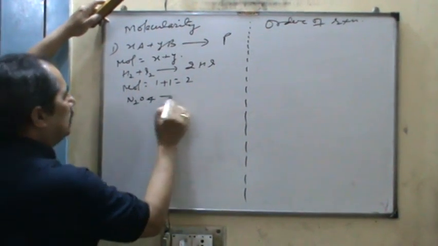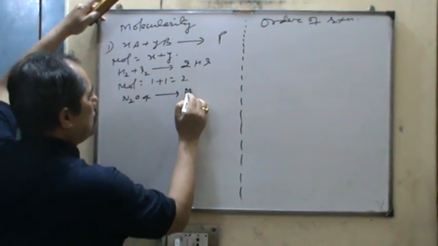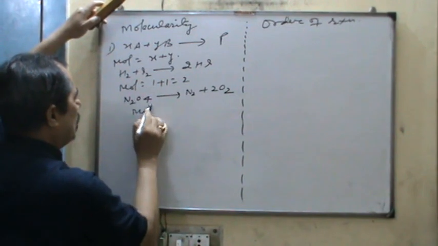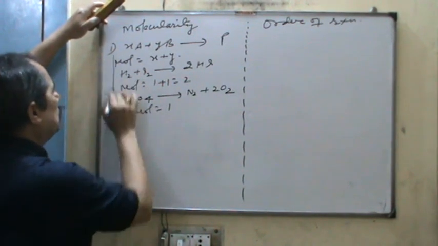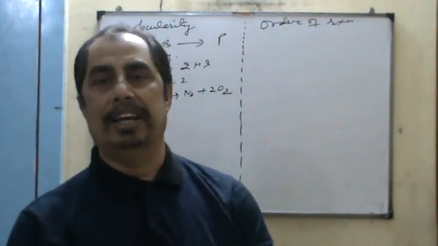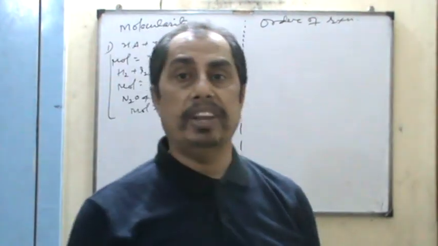Similarly for N2O4, molecularity is 1. So total number of moles of the reactants, simply you can say molecularity. But order of reaction is different from molecularity. It may or may not be the same.